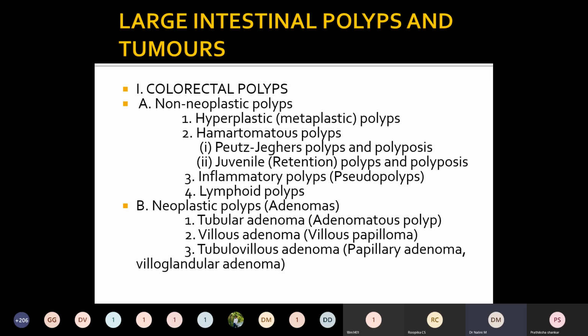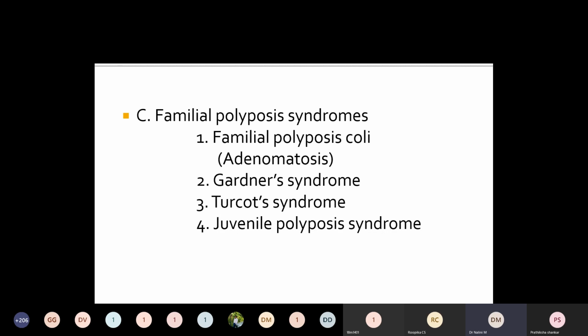Okay, coming to neoplastic polyps, these are adenomas. This is purely based on the architecture, but they also behave differently. Okay, they also clinically behave and prognostically they are different. So we have tubular adenomas, villous adenoma, and tubulovillous adenomas. Coming to familial polyposis syndromes, you have familial polyposis coli, and you also have polyps as a part of other syndromes like Gardner's, Turcot's, and juvenile polyposis.